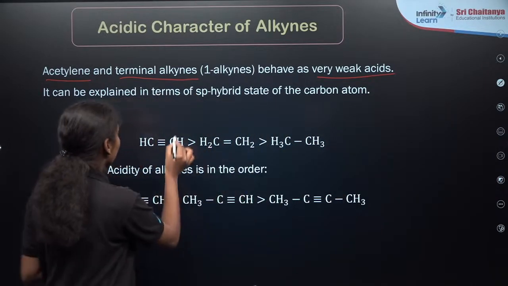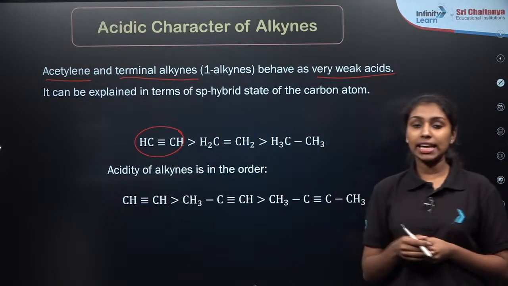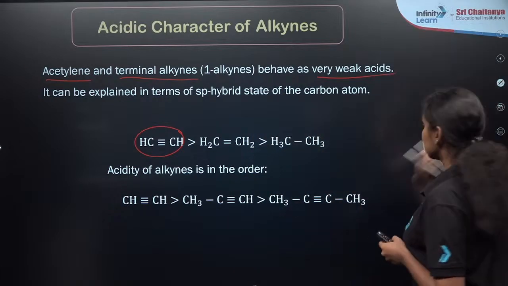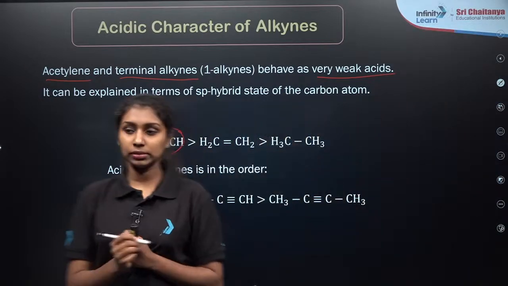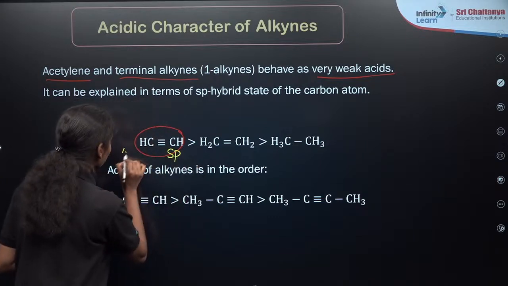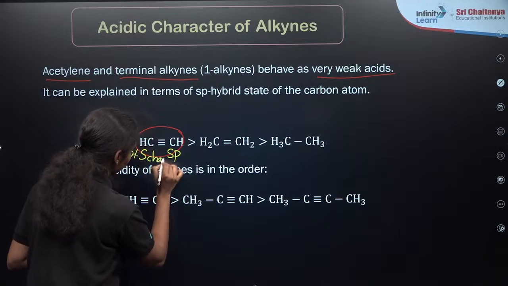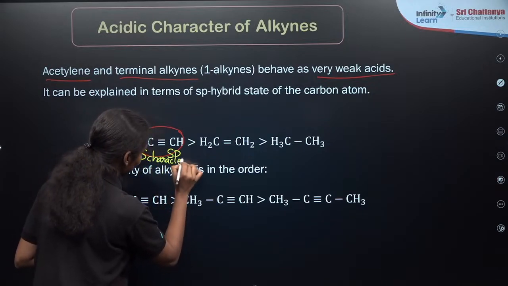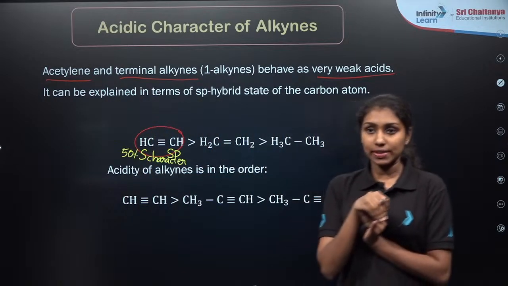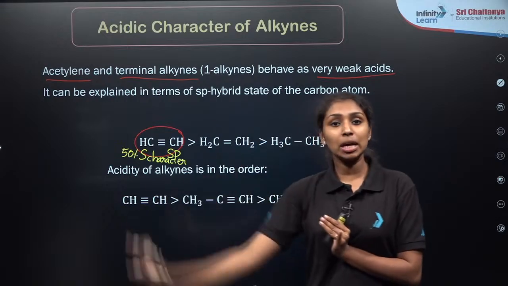For example, if I am taking ethyne molecule, what will be the hybridization there? In the case of ethyne molecule, sp hybridization, right? sp hybridized carbon, which means 50% s character is present. So as we are observing the s character, you can say that this will increase the electronegativity of the carbons, so that it can easily remove the terminal hydrogens.